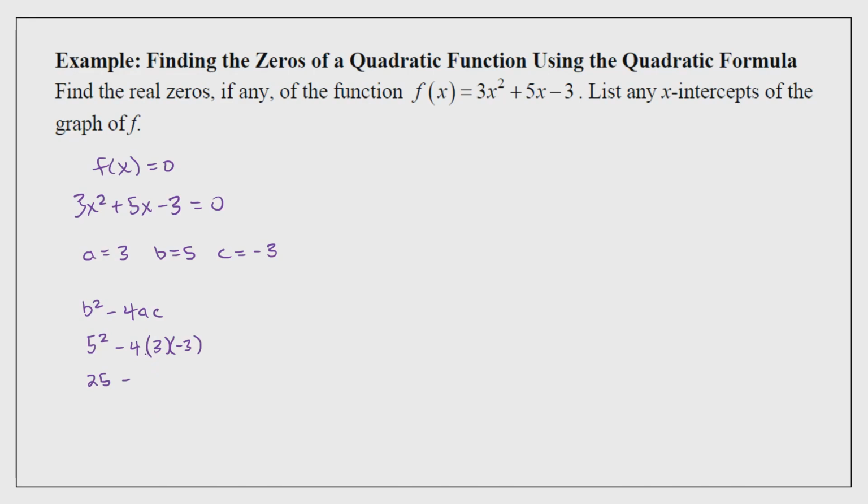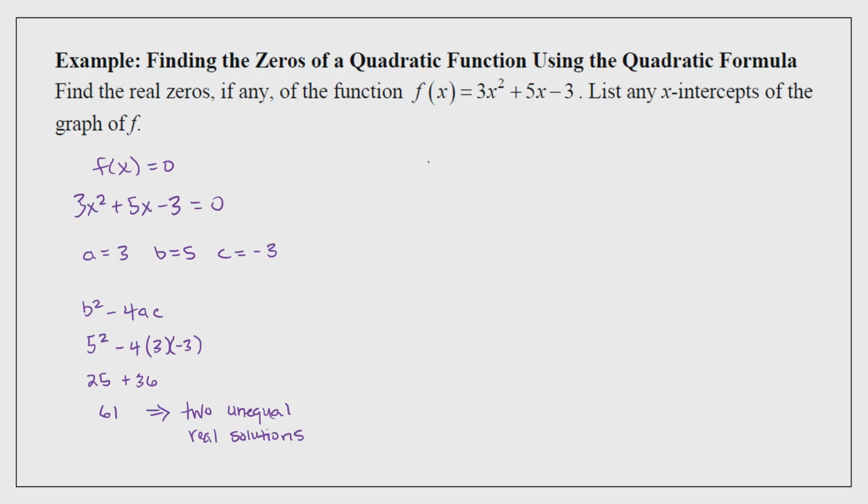Negative 4 times 3 times negative 3 is a positive 36. 25 plus 36 gets us 61. Now 61 is positive, meaning it's greater than 0. So that means there are two unequal real solutions.